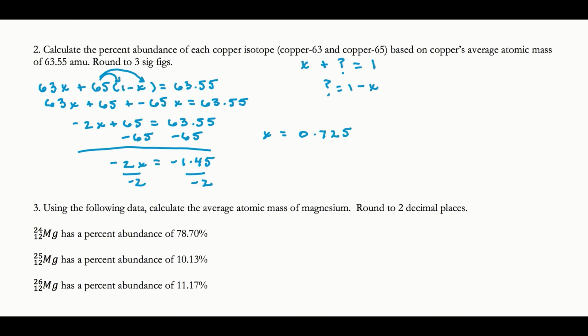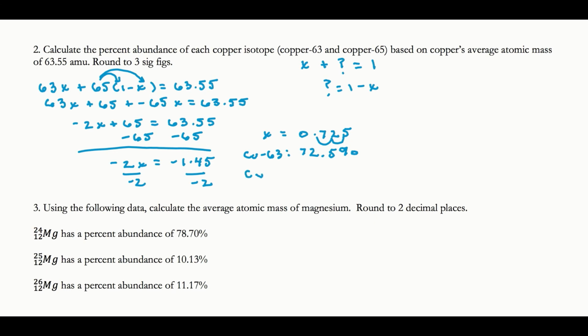Okay, keep in mind it asks for 3 sig figs. So this is my percent as a decimal. So the actual percent, when I move my decimal place 2 places, will be 72.5%. That's 3 sig figs. So copper-63 has a percent abundance of 72.5%.